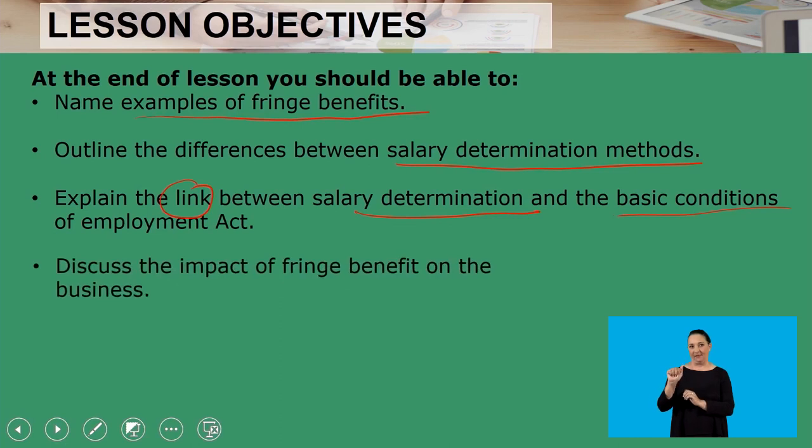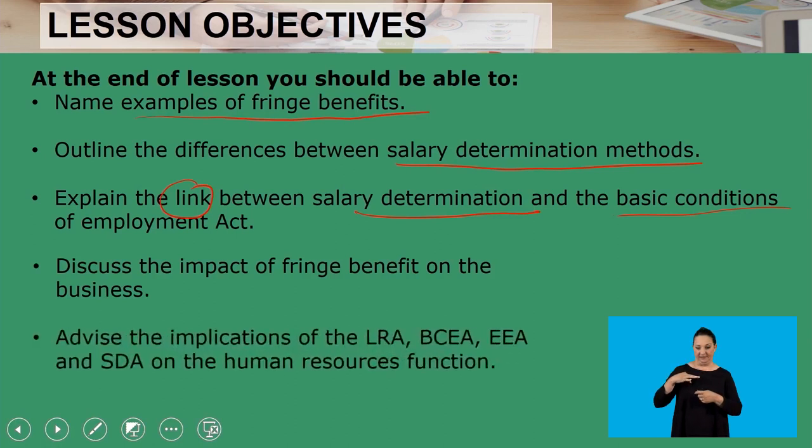You should be able to discuss the impact of fringe benefits on businesses, and advise on the implications of the Labour Relations Act, the BCEA, the EEA, and the Skills Development Act on the human resources function.